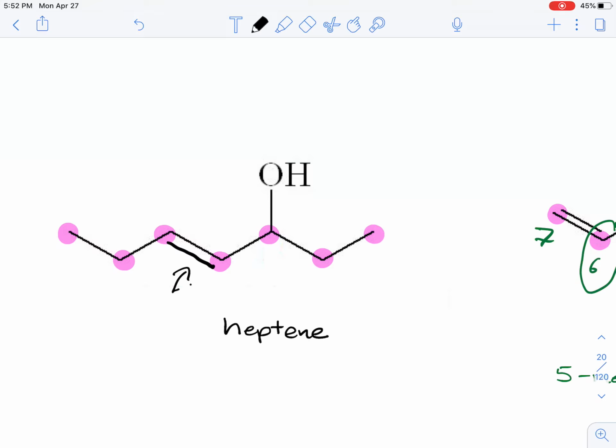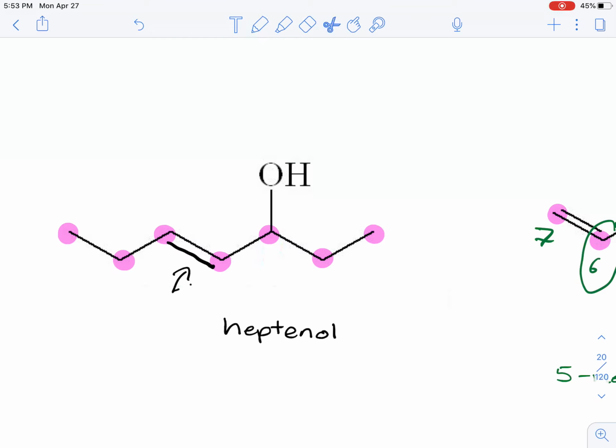And what I'm going to do next is take out that E and add an OL. So heptenol. But I need to communicate to the reader what carbon number the double bond starts and what carbon number that alcohol is covalently bonded to.